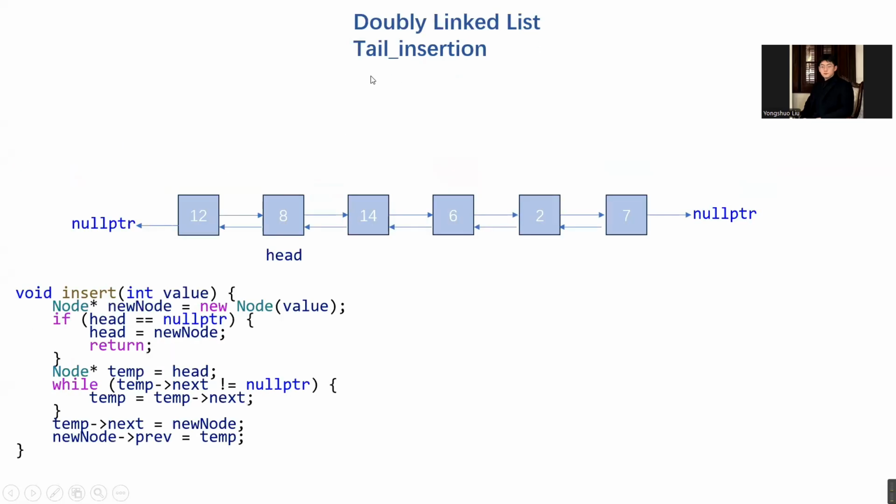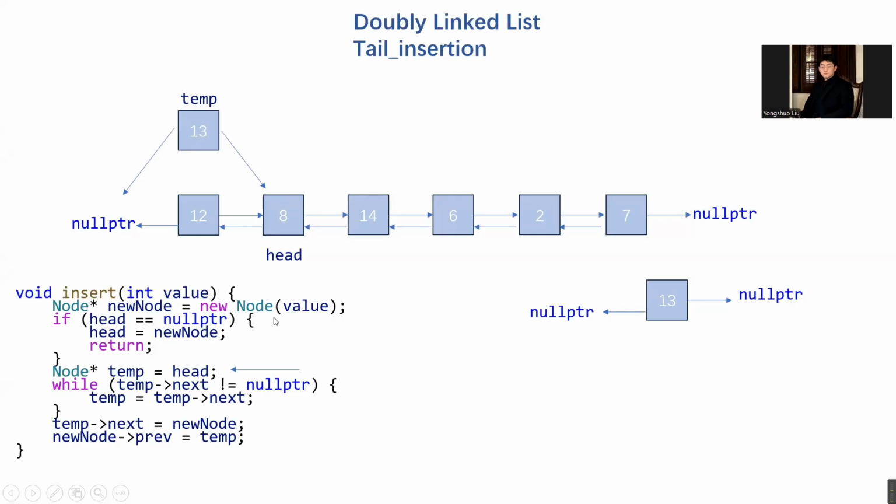So let's continue and talk about how to use the double linked list to implement the tail insertion. We also need to create a new node in this line. And if the head is equal to a null pointer, that means it is empty, so we just set this one to become the whole sequence. Otherwise, we also need to create a new temp for recording, right? Here it should be, sorry, it has a mistake. It should be temp.